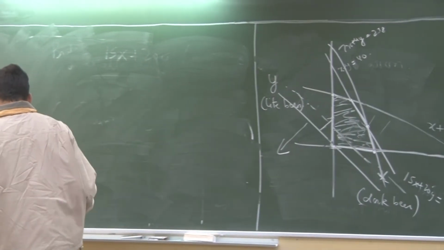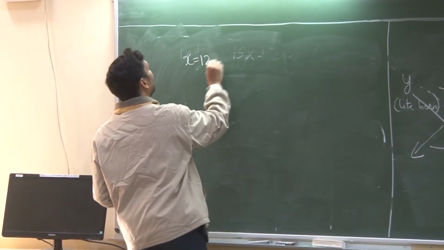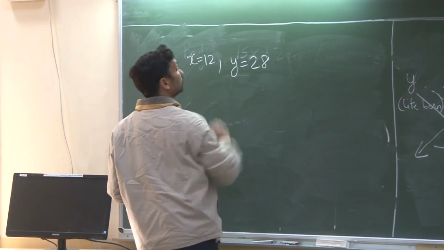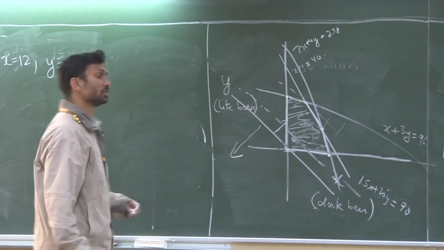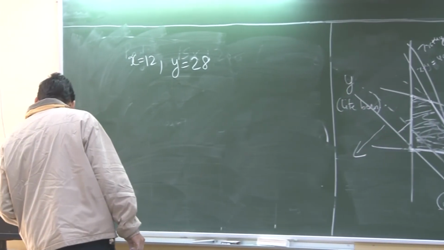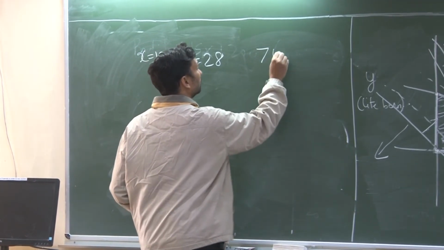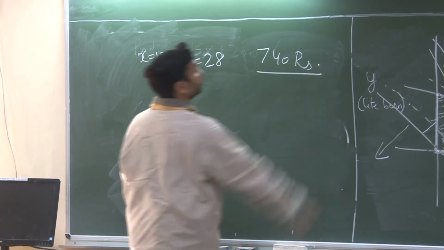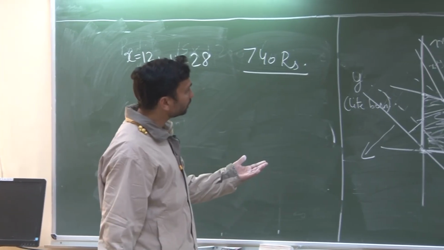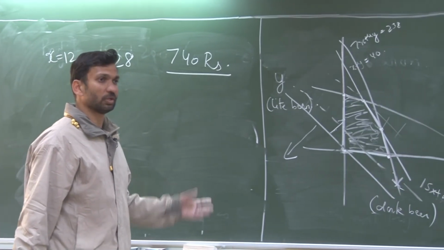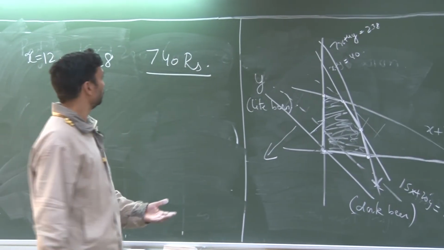If you do this exercise, you will find out that x equal to 12 and y equal to 28 is going to be one of the vertices. And in this case, your profit will be much higher than 510 or 640. It is going to be 740 rupees. Remember, if you were only making dark beer, we were making 510 rupees of profit. If you were making only light beer, we were making 640 rupees profit.